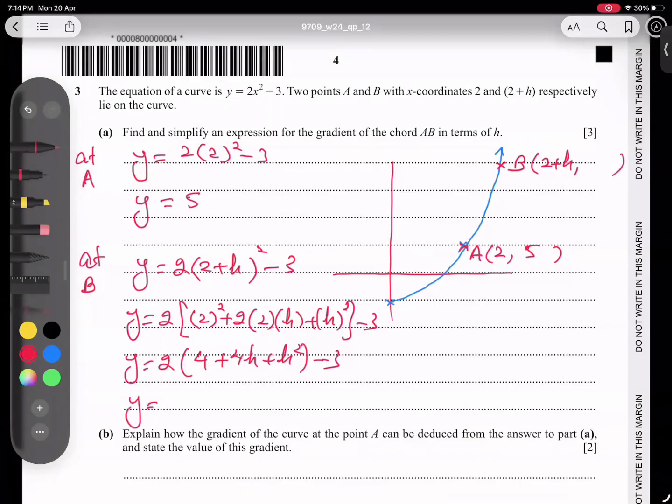So I'm getting 2 times 4, which is 8, plus 8h and 2h squared, and negative 3. Finally I get y equal to 2h squared plus 8h plus 5, in terms of h. This is clear.